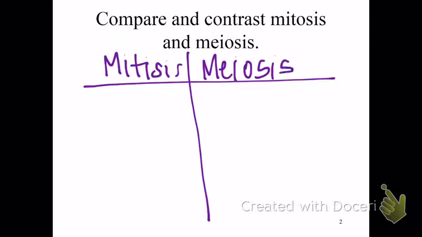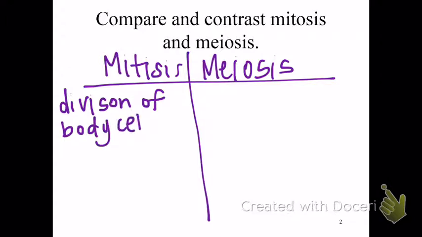Both of these are cell division. Both of these are cell reproduction. So let's start with mitosis. It is the division of body cells. Another word for body cells is diploid cells.